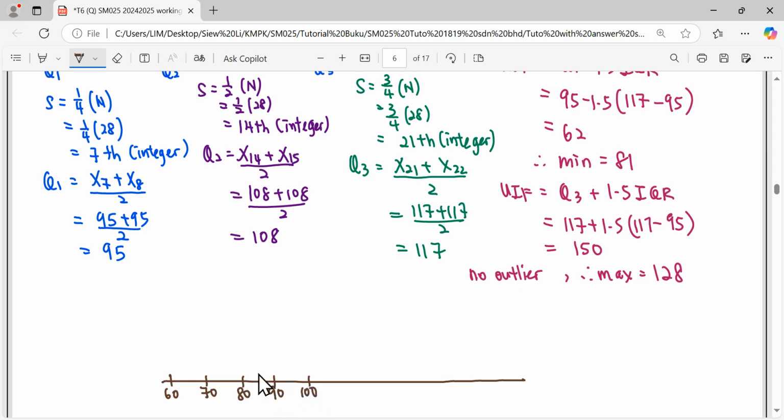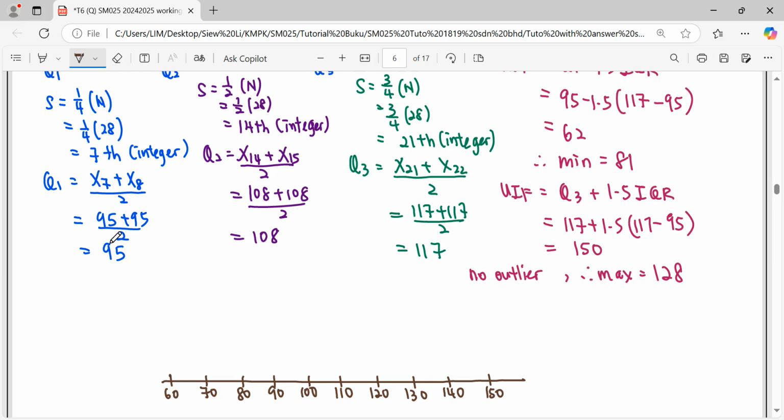So you must have an accurate scale. It's not just sketching only. Make sure your 1 cm is represented by 10. Okay, 1 cm for the value of 10.